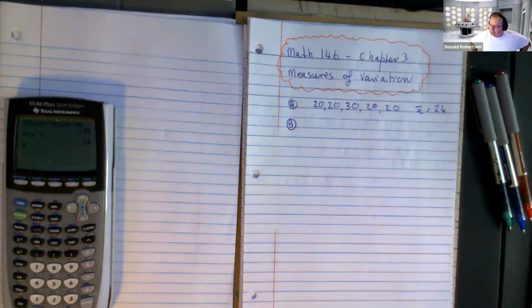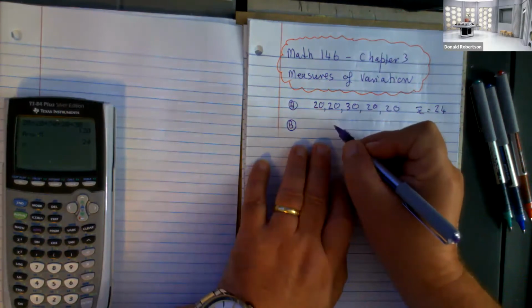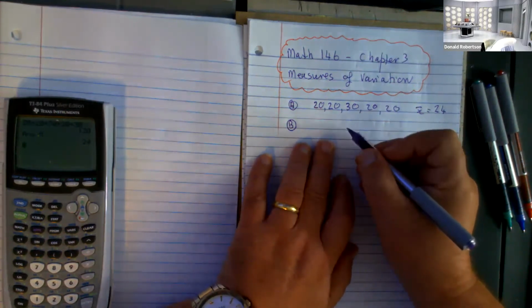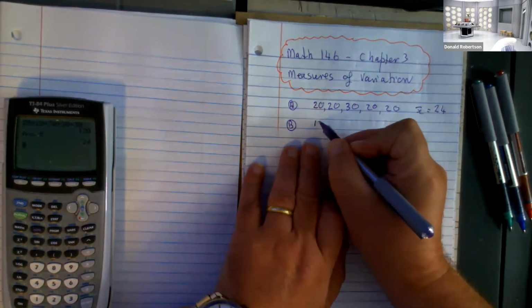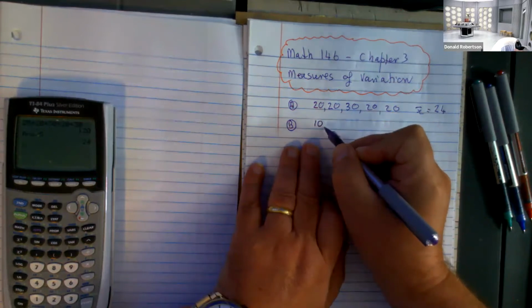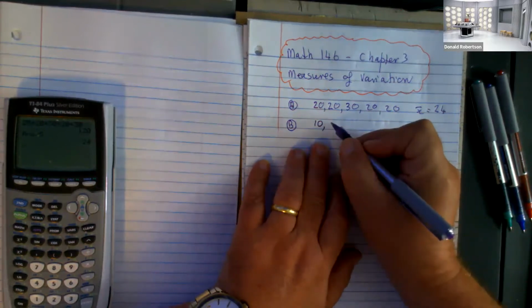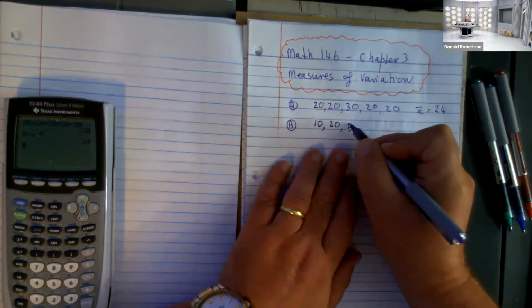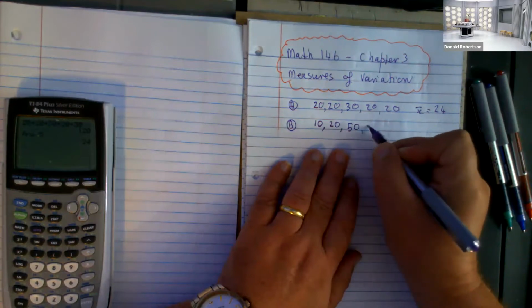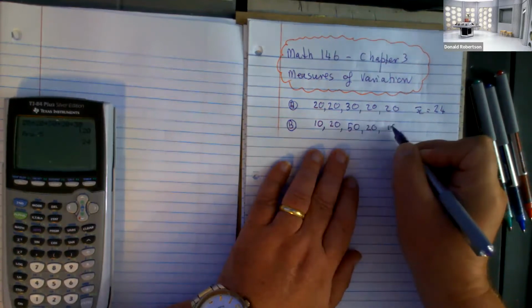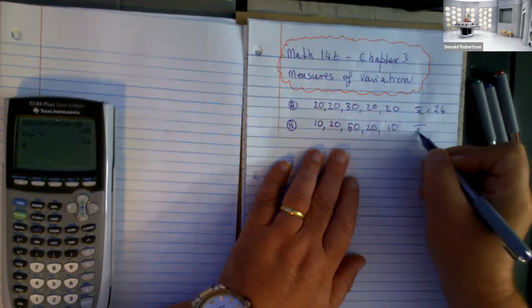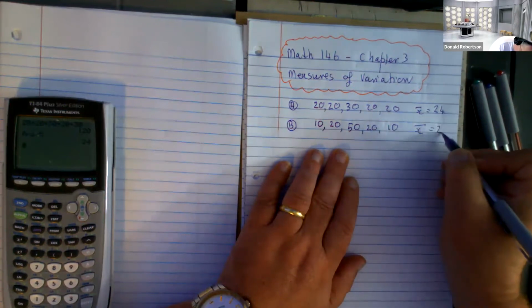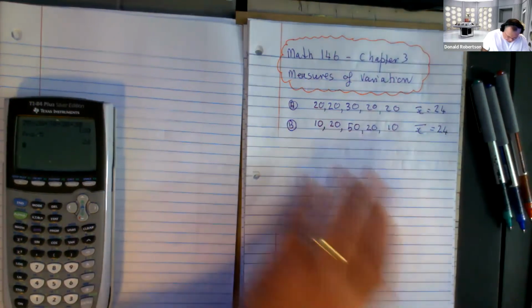He's not horrible. Now, the other player, he happens to have this as his score. And he also happens to have an average of 24.